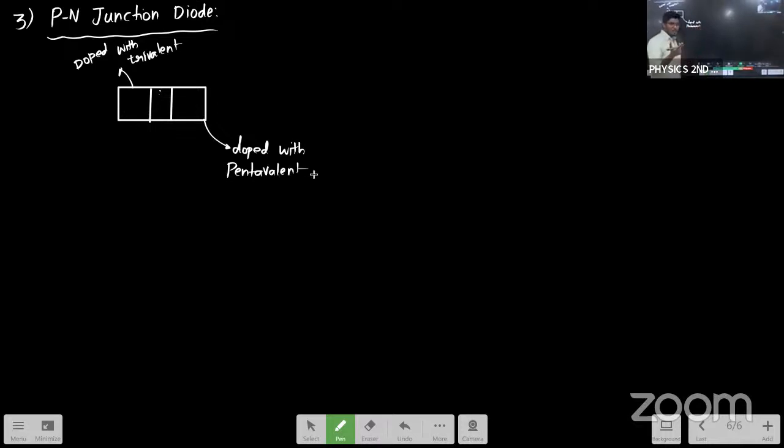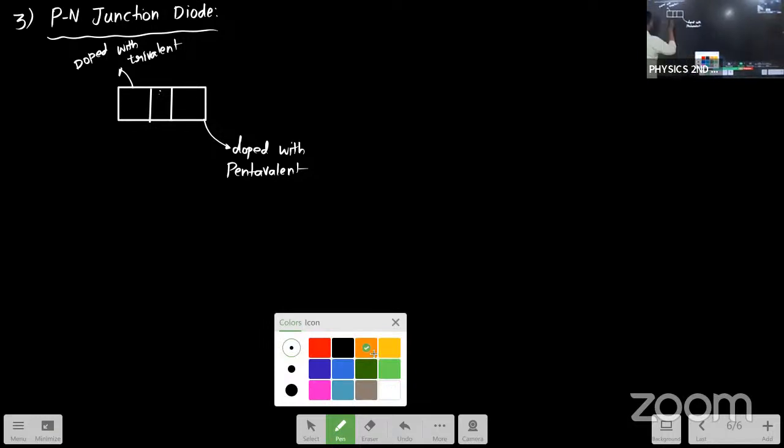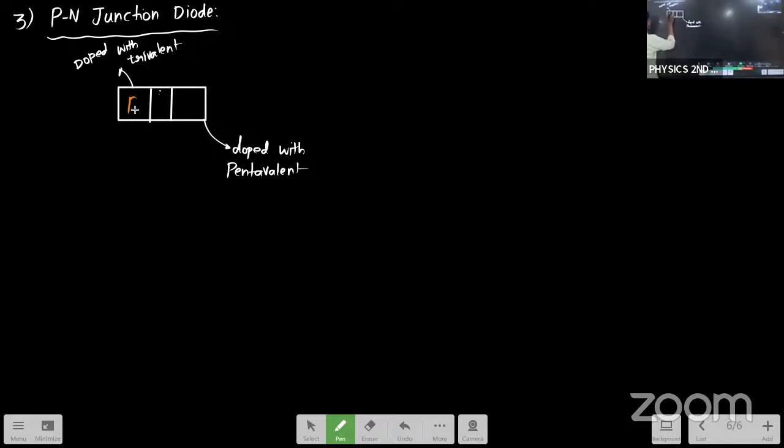So I have considered a pure semiconductor. To that pure semiconductor, half of the part I have doped with trivalent impurity, and the other half with pentavalent impurity. The region doped with trivalent impurity, I will get a P region. And the region doped with pentavalent impurity, I will get N-type semiconductor, an N region.